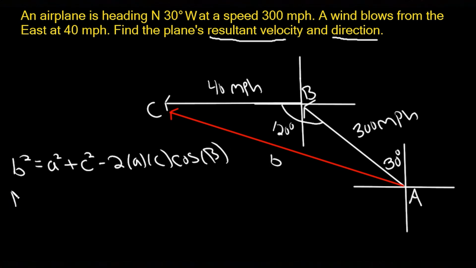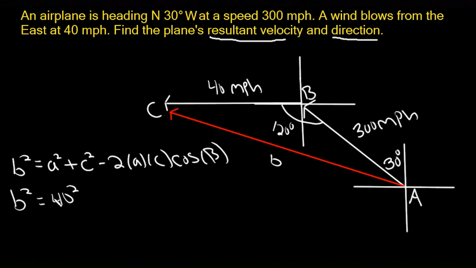So I'll get B squared equal to, well, A squared is going to be 40, and I know that because it's opposite from angle A, right? So this side length right here is going to be side A because it's opposite to angle A. Same thing, this side length right here, this resultant vector, is going to be side B because it's opposite from angle B. And again, you should know that, right?